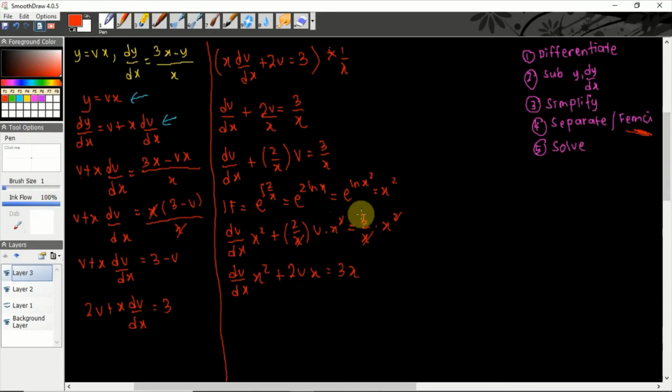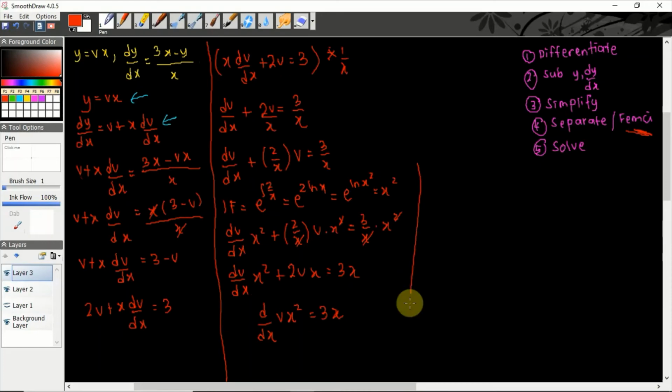I'm done. Next is C. C is combine the left side, so it's d/dx of v times the integrating factor, so d/dx of vx squared equals 3x. If we differentiate vx squared, v stays, x squared differentiate is 2x, x squared stays, v differentiate is dv/dx. So it's the same.